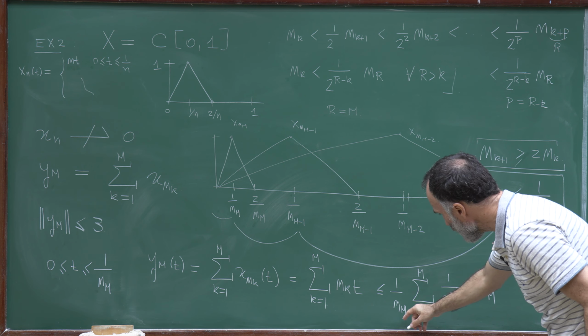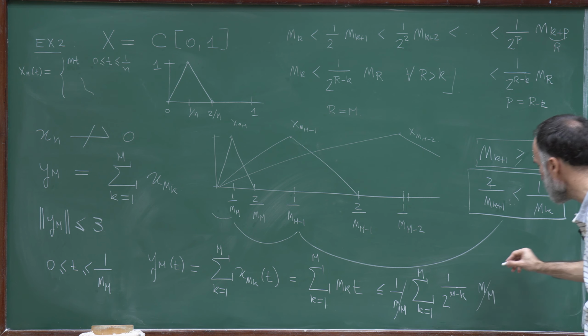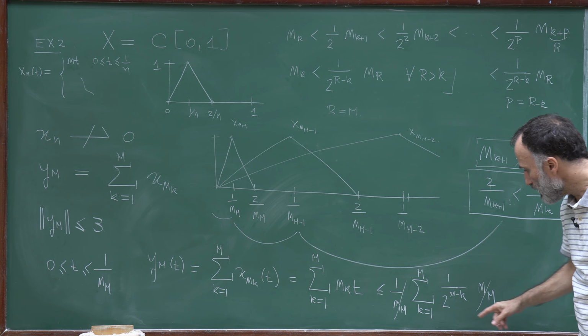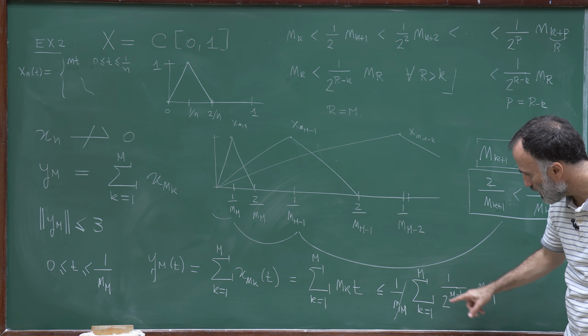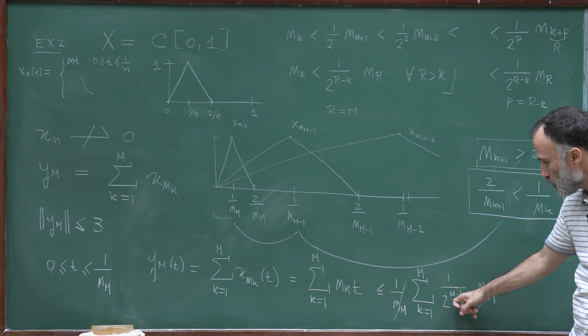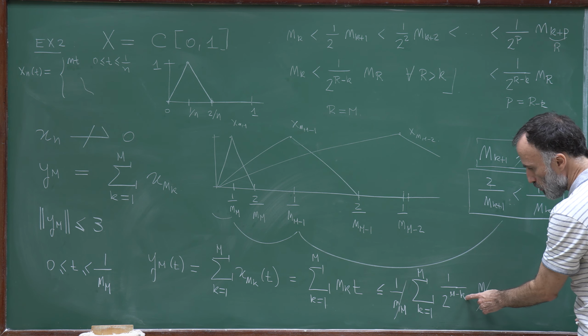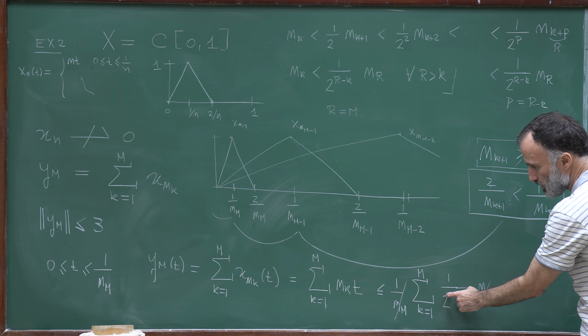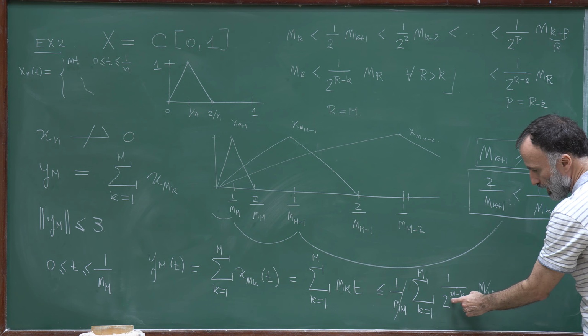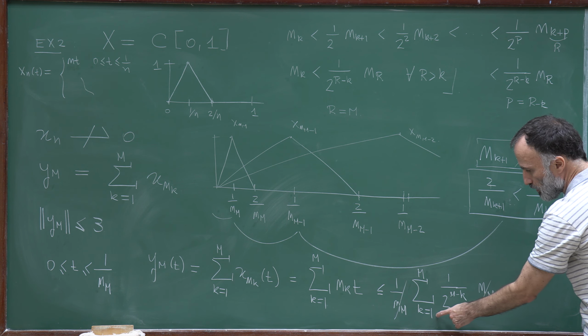So you see that 1 over n m cancels with n m, and what remains is a sum from 1 to m of 1 divided by 2 to the power m minus k. So when k is equal to m, I get here 1, m minus 1, I get here 1/2, up to k equal to 1.